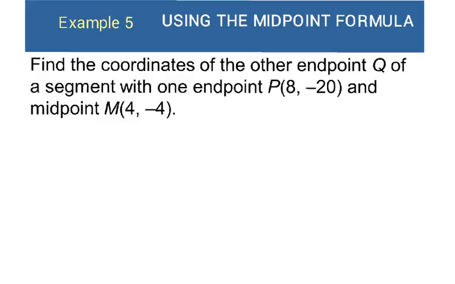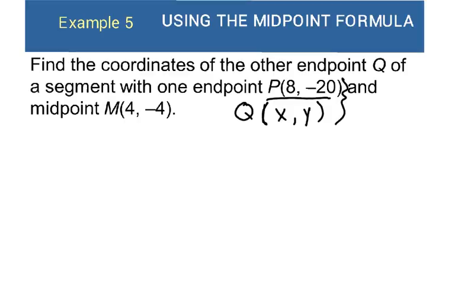Okay, so in this example, it says find the coordinates of the other endpoint Q of a segment with one endpoint at P (8, -20), and the midpoint M at (4, -4). Well, for this one, we're going to apply that midpoint formula again. With the points that we do have, we're going to say Q is found at (x, y).